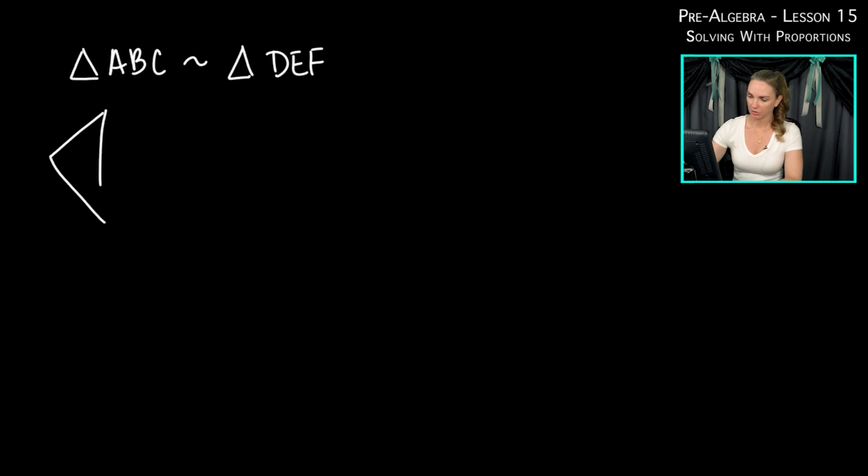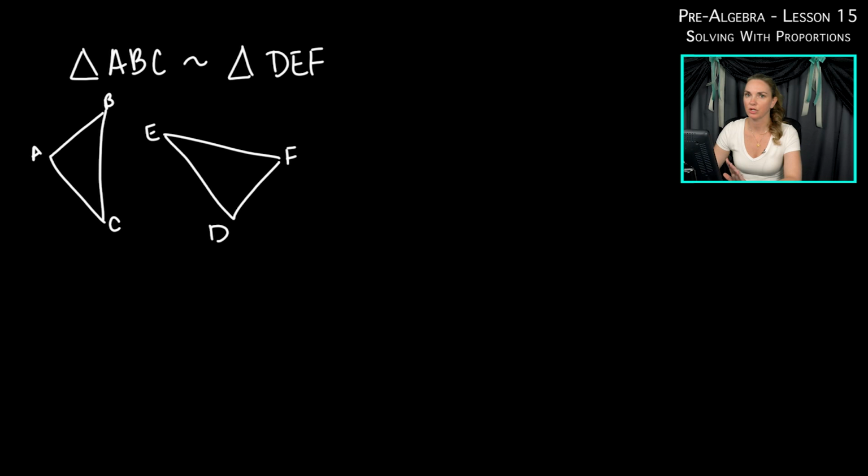If I have my triangle A, B, and C, and then here I have D, E, F. Notice it doesn't matter if they're drawn exactly the same or in the same position. As long as you have this statement right here, then we know that side AB is proportional to DE.